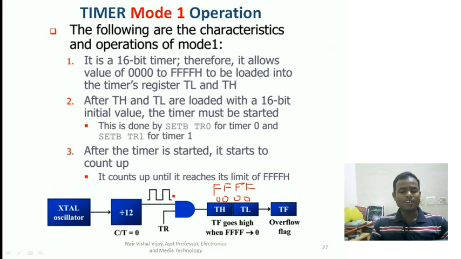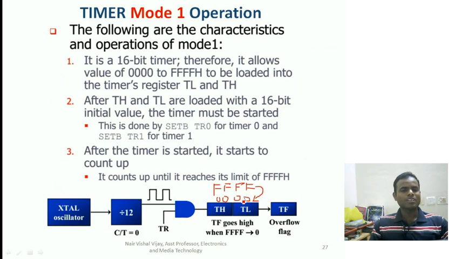Now whenever this value reaches the maximum value, it is going to overflow, or roll back to 0000. When this happens, your timer overflow flag TF is set.